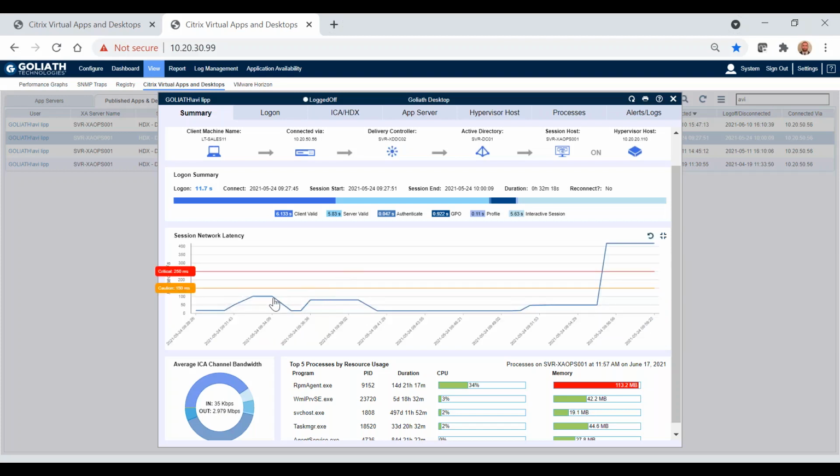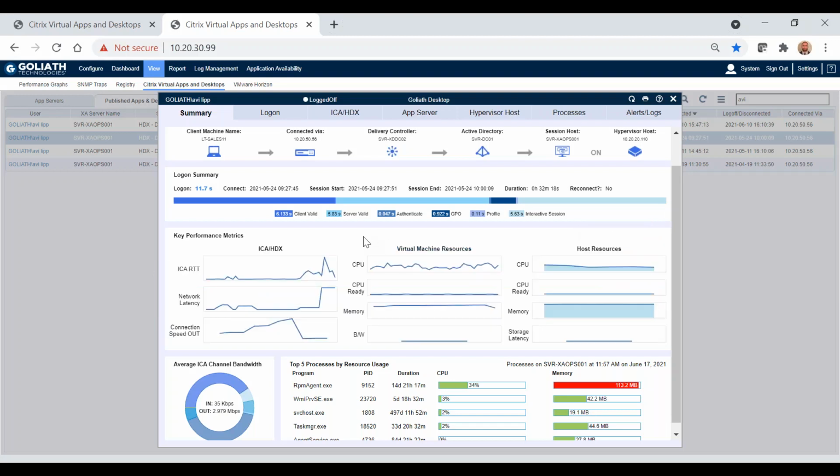What is so important about this network latency metric is that this is network latency from the ICA protocol itself, and just to understand, the ICA protocol is really what Citrix is using as the communication protocol from the client endpoint to the data center. So the network latency metric here is not an ICMP or ping-based test. This is the actual network latency that is impacting this user's Citrix session.